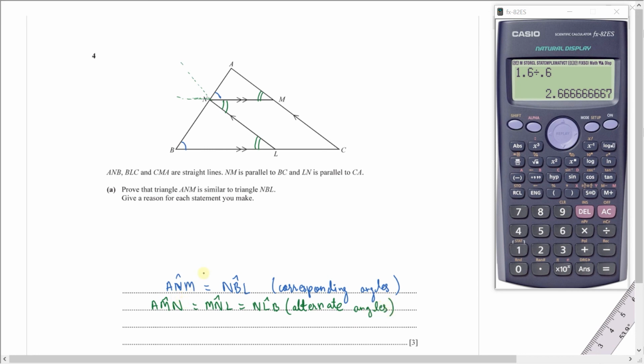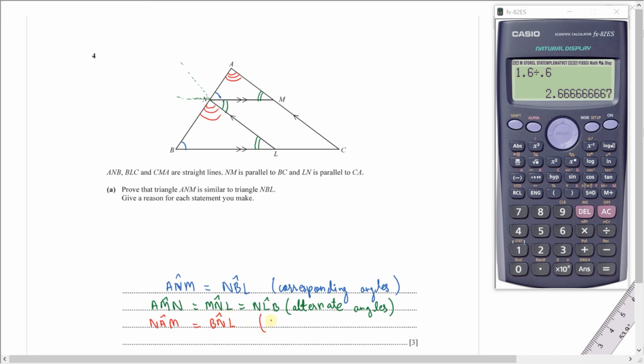And then you have this angle, this will be equal to this angle, because this is the only angle remaining in the triangle. We have shown that the other two are equal. So angle NAM equals to angle BNL.